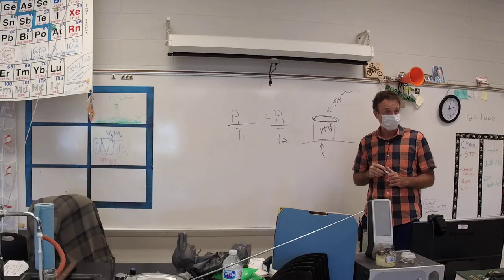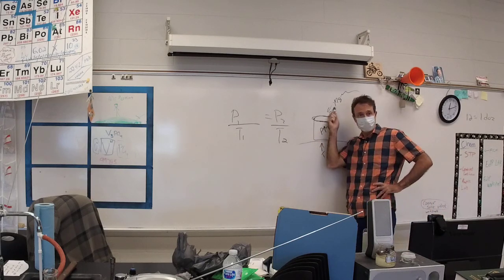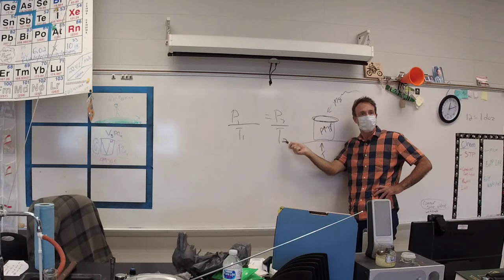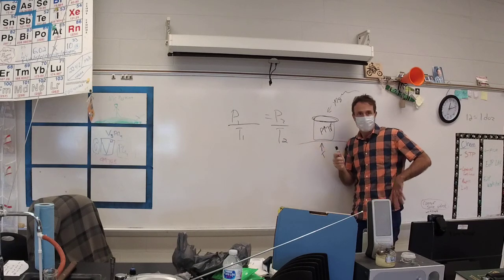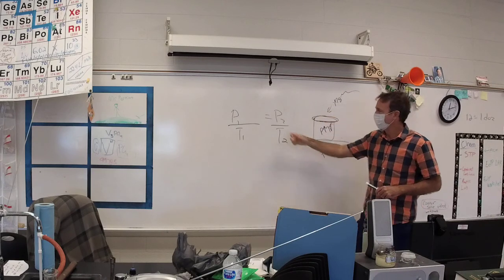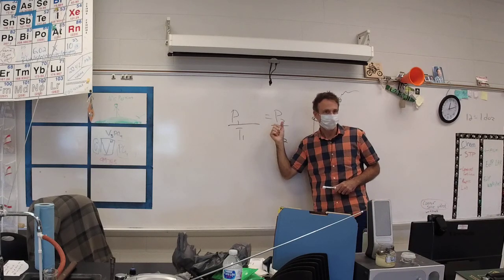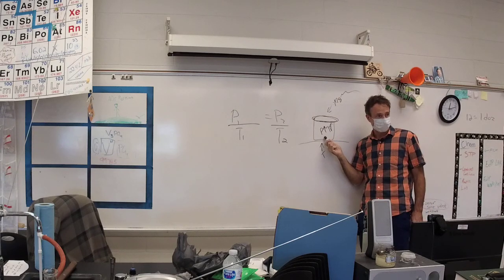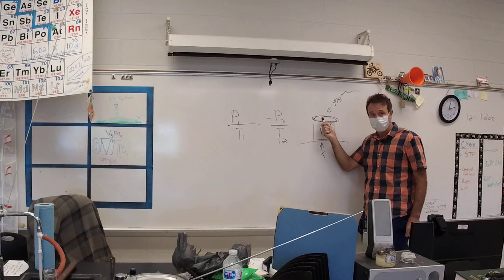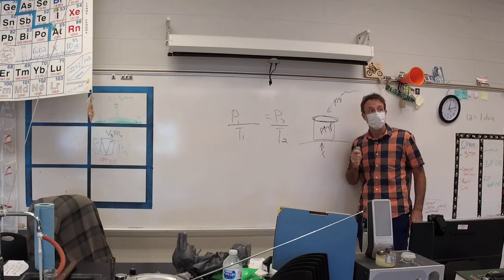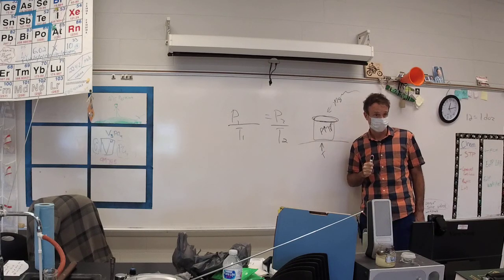Does that make sense? So, when you cook with an Instant Pot or a pressure cooker, it's way, way hotter inside. Because as the pressure goes up, the temperature can also go up. In a regular pot, the lid just wobbles, and the pressure never changes. Does that make sense? So, this is Gay-Lussac's Law. If you can keep a lid on this thing, as you increase the temperature, you'll also increase the pressure.